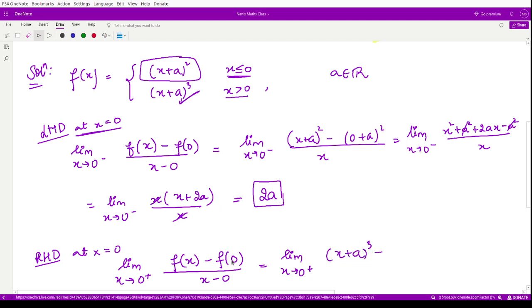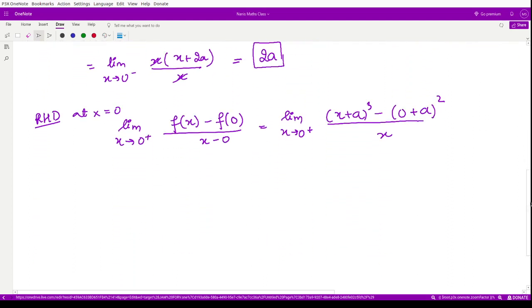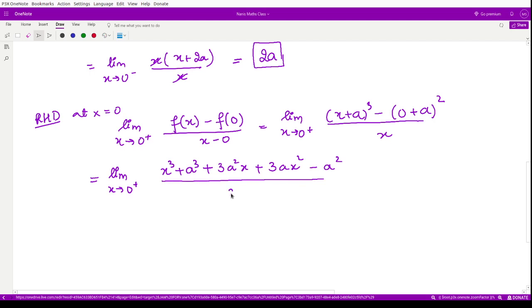And what is the value of the function at the point 0? At 0 we'll use this particular value because the function is defined in this way only, divided by x. So now let us evaluate this limit. It would be limit x goes to 0 positive of x cube plus a cube plus 3a square x plus 3ax square minus a square, divided by x.